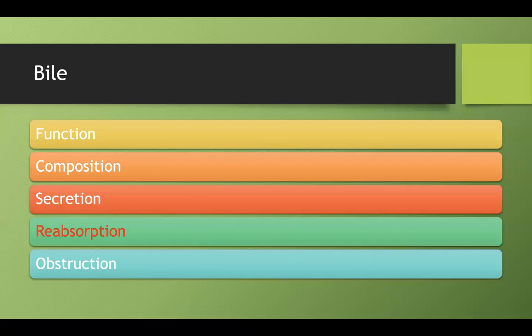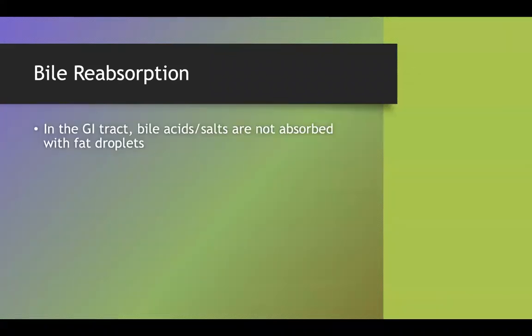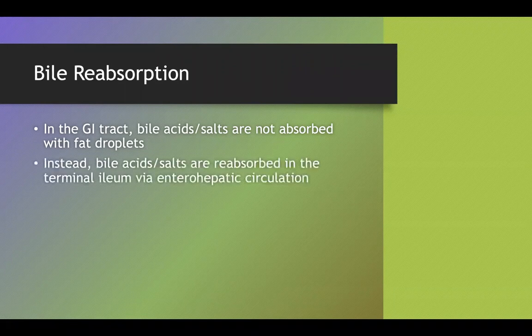So we've talked about how bile gets into the duodenum, but how do we get some of it back? We don't want to waste all the bile. Most of it's actually reabsorbed in the intestines once it's done its job of emulsifying the fats. So the one thing it's important to recognize is that even though both bile and fat are reabsorbed, they're not absorbed at the same segment of our GI tract.